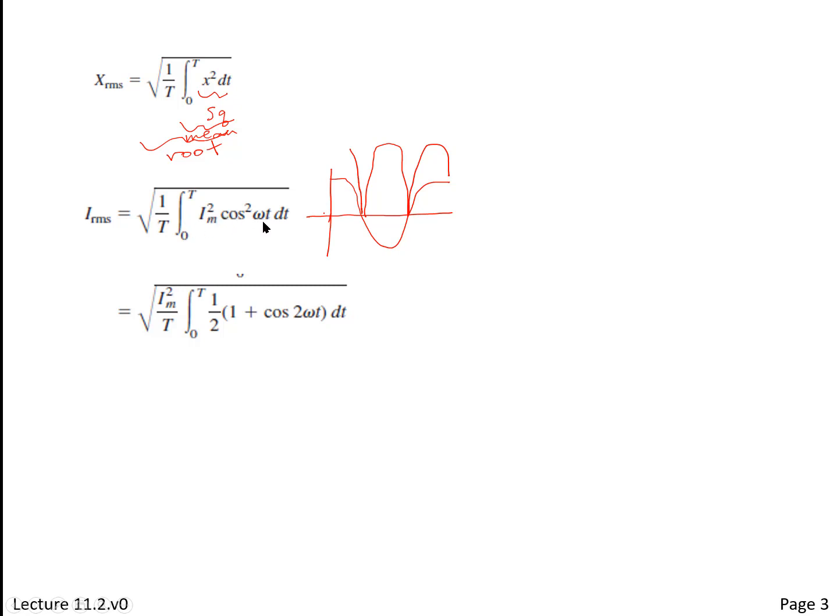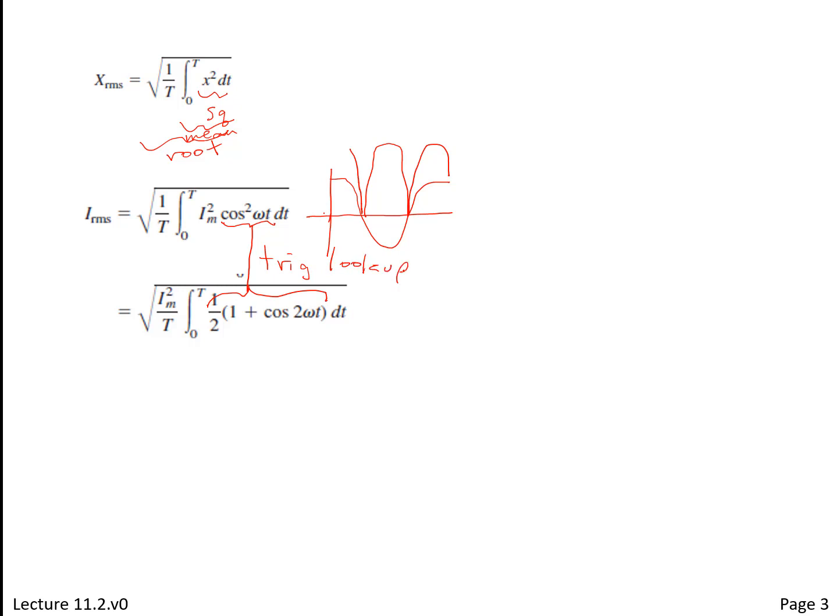The cosine squared of omega t can be written as this thing here, all of this. That's just a trig lookup.